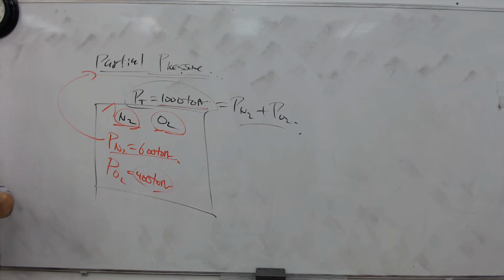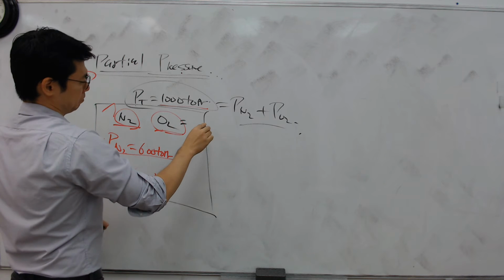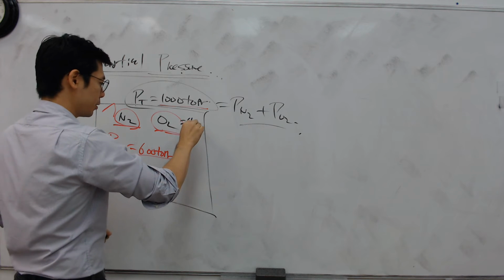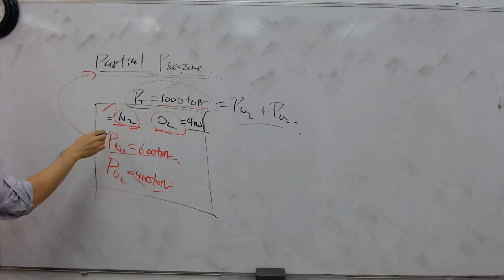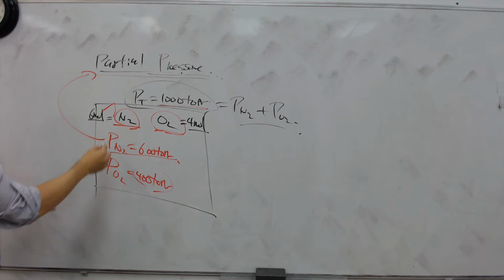But this gets a little bit more complicated now. Let's assume we have 4 moles of O2 gas and 6 moles of N2 gas.